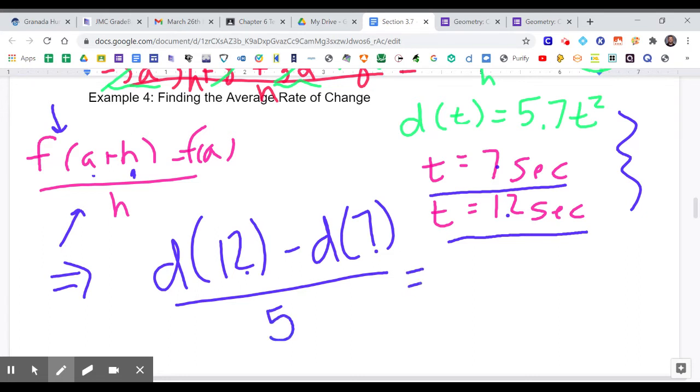And so what we're going to do here is we'll find d at time 12.